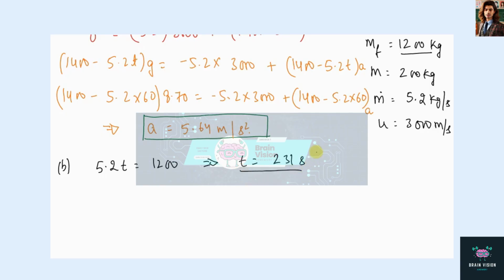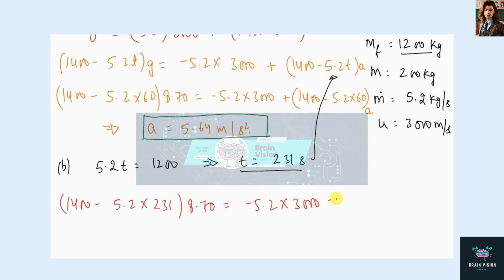So we can put the value of t in the equation that we derived earlier to calculate the acceleration. (1400 minus 5.2 times 231) times g, which is 8.70, is equal to minus 5.2 times 3000 plus (1400 minus 5.2 times 231) times the acceleration.